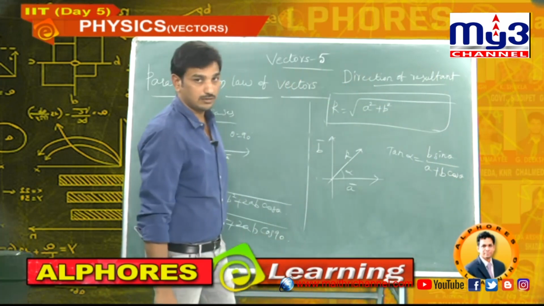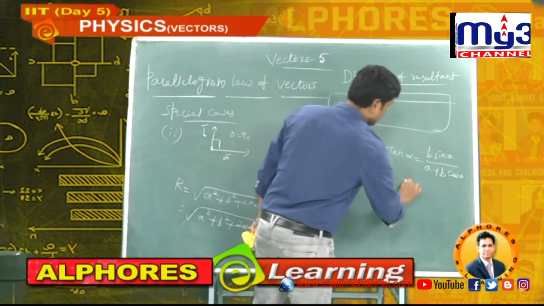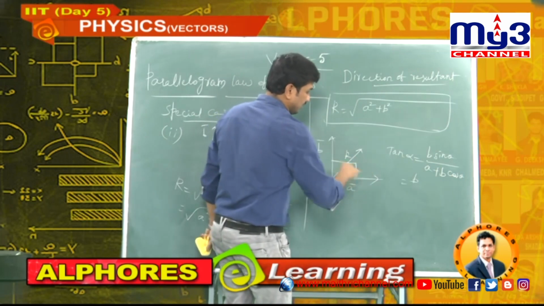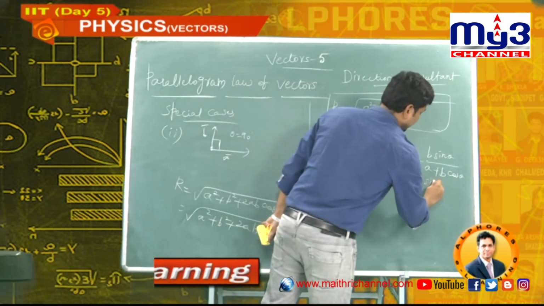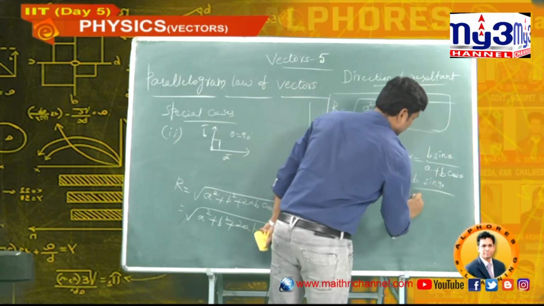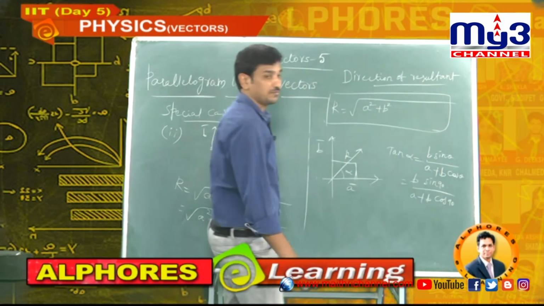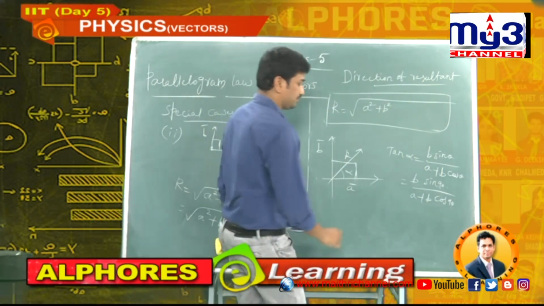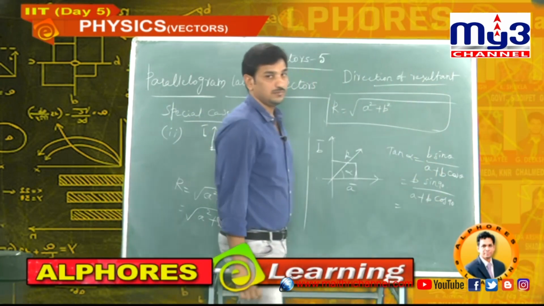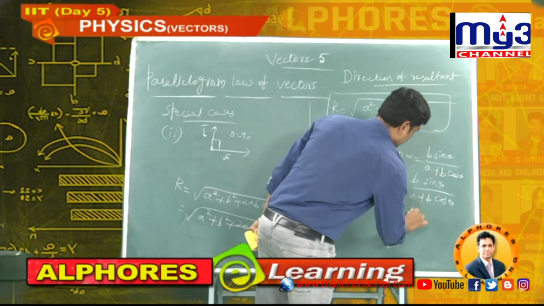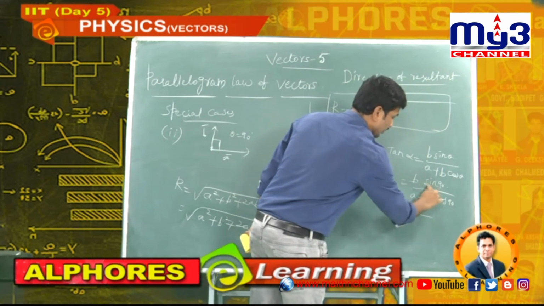Just now we derived that formula. B as it is. What is the theta? Theta value 90. Sin 90 divided by A plus B into cos 90. What is the value of sin 90? Sin 90 value 1. B into 1, 1.